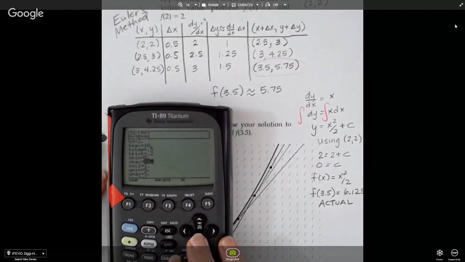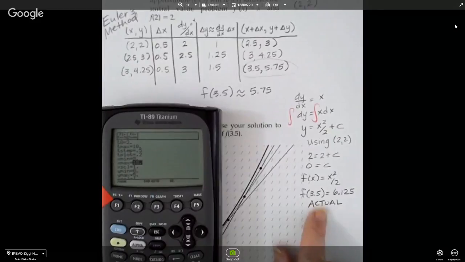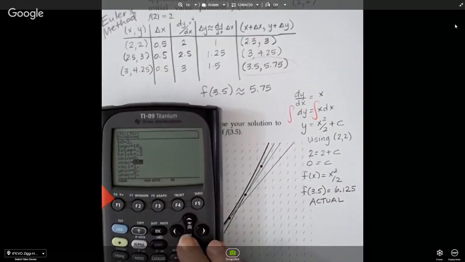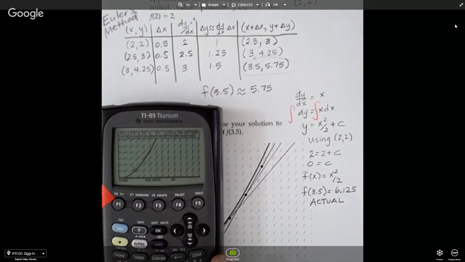That's fine. X max is fine because, in the xy, I think we'll be okay. And then let's make this bigger. Let's make this 10. And the increments are okay. I'm all right with that. And we leave all these alone. And then we're going to go diamond graph. And so there is our curve on our calculator.